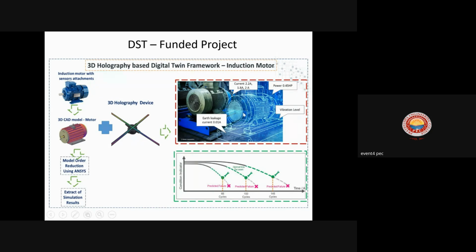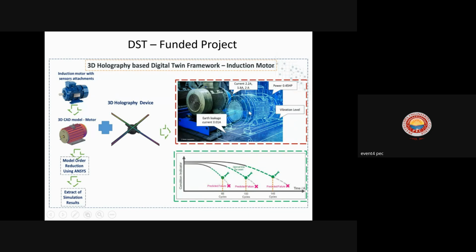And what we are interested in is to understand or record the operating characteristics or conditions of this induction motor. For example, we might be interested in what is the current value as the motor runs, what is the earth leakage current, okay?